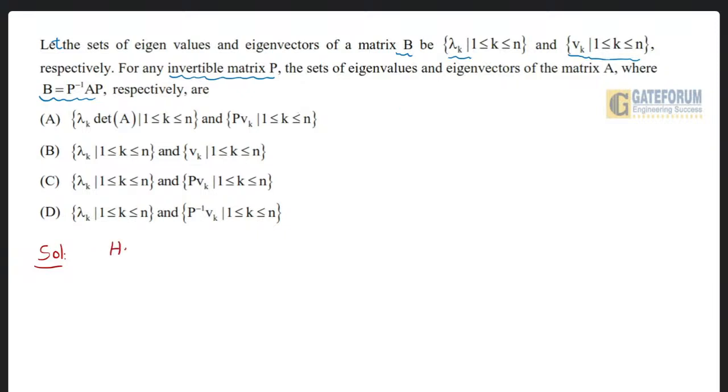Here, by the definition of similar matrices, A and B are similar matrices.